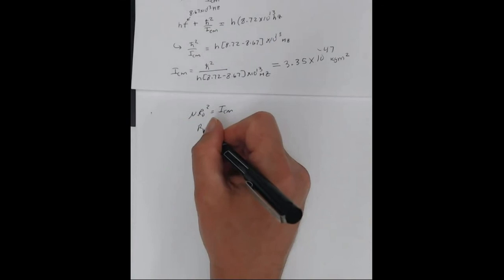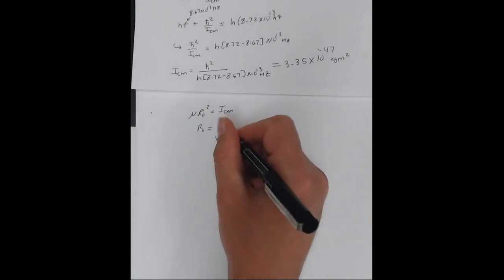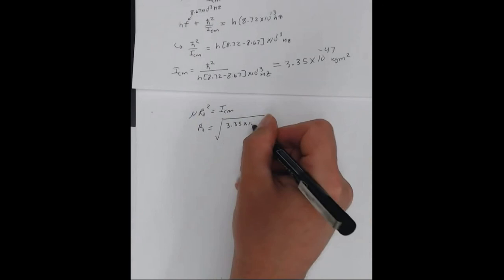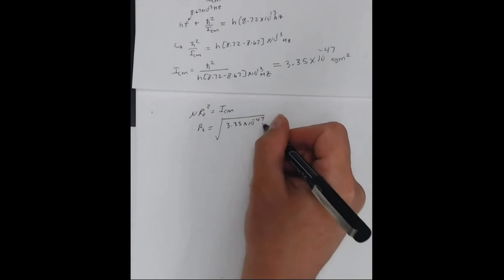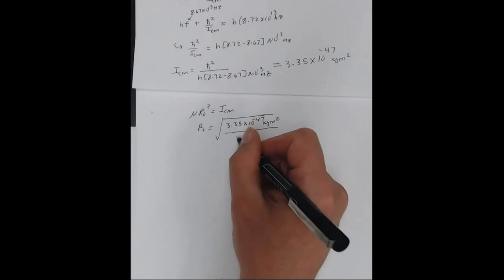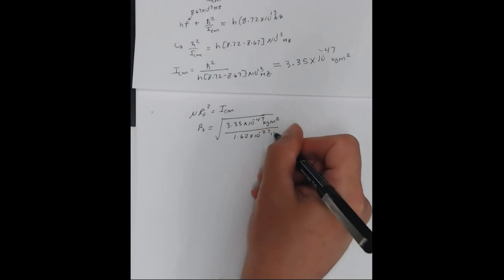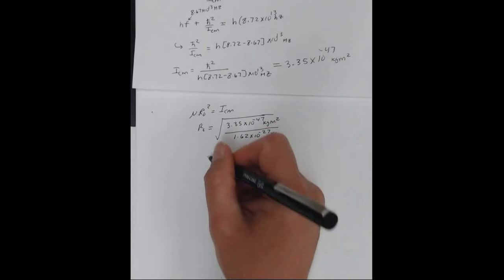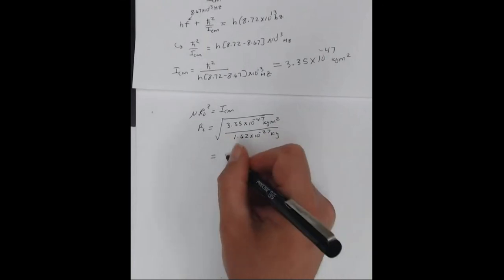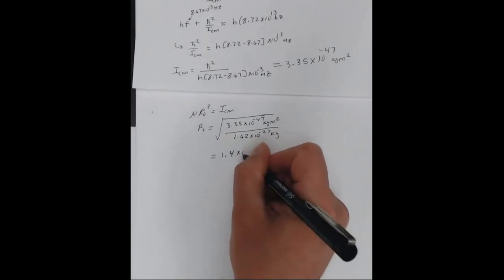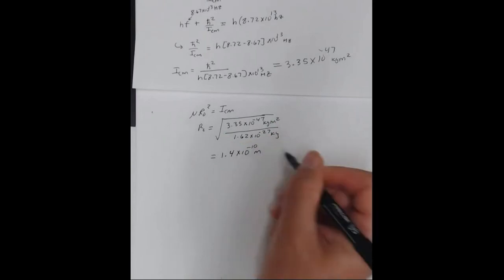So we get r naught is the square root of 3.35 times 10 to the negative 47 kilograms meters squared over 1.62 times 10 to the negative 27 kilograms. I stick this in my calculator and I get, I'm just going to now go to two significant figures, 1.4 times 10 to the negative 10 meters.